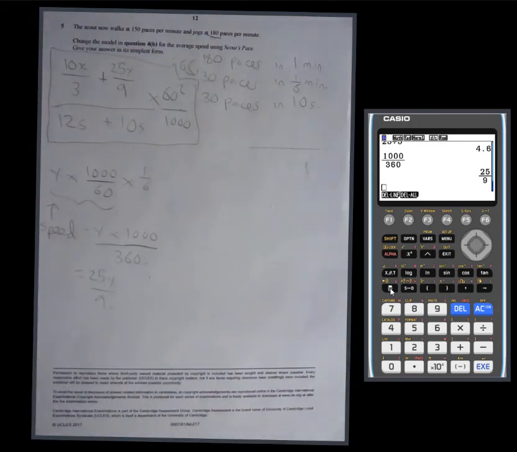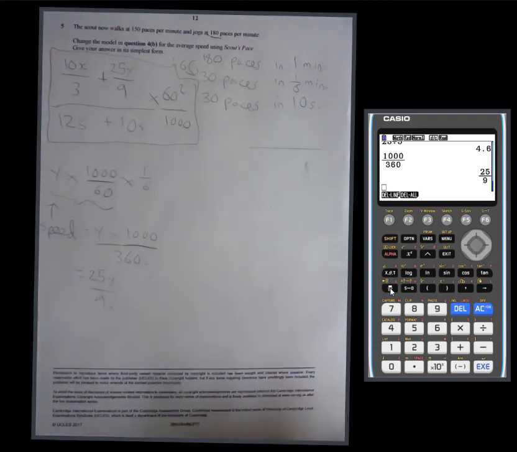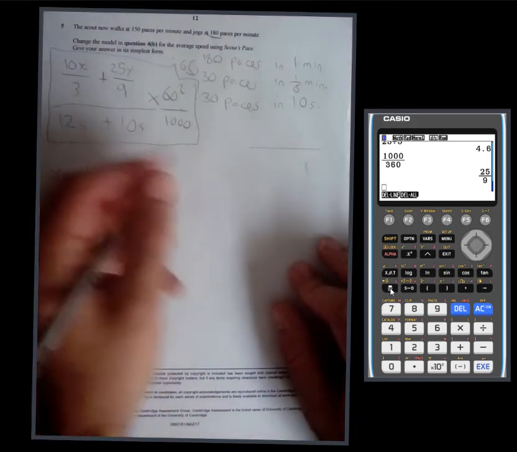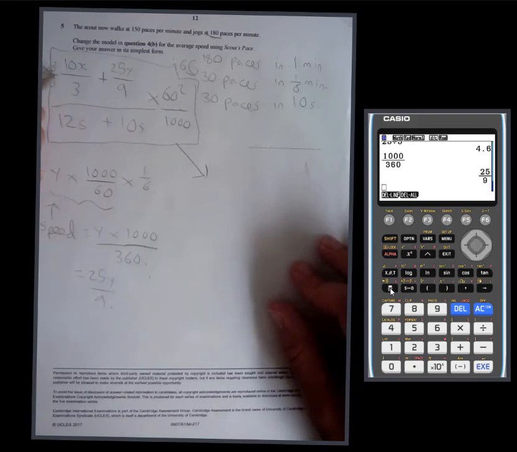Same as before, I'm going to at least show the adding of these fractions, and I'm going to definitely simplify that. So we have 10x over 3 plus 25y over 9. So that's a common denominator of 9. If I just times this by 3 over 3, that would be 30x over 9.